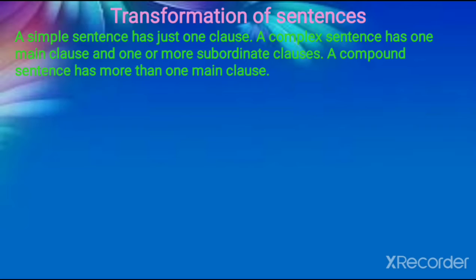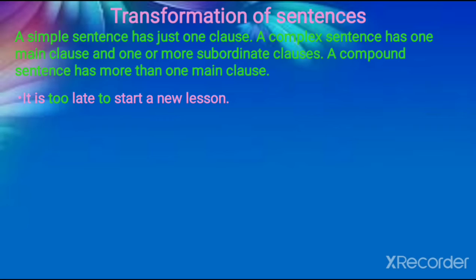Example: it is too late to start a new lesson. Here, as you can see, this sentence has just one clause and therefore it is a simple sentence. The number of clauses in a sentence is equal to the number of finite verbs in it.